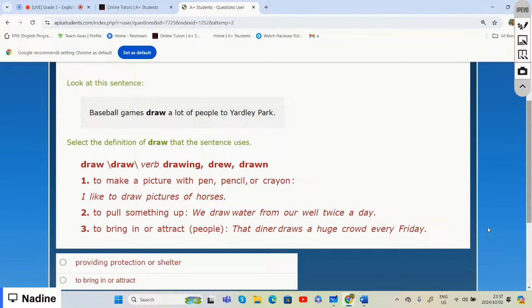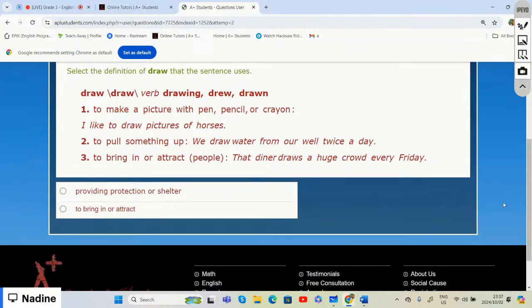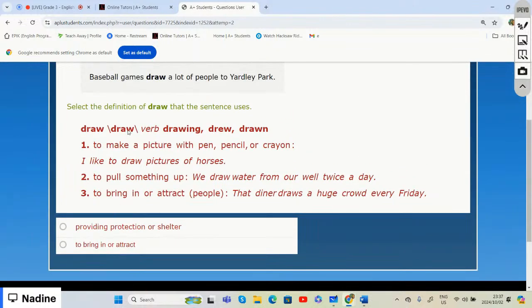If we look at those three meanings and choose one of the definitions, we can say it's number three, to bring in or attract.